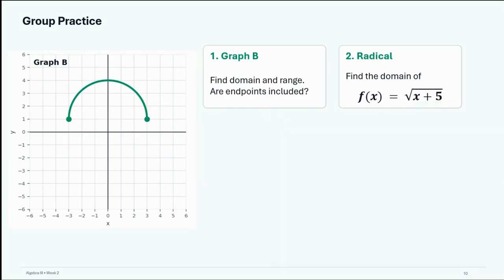So the smallest number it can be, right? It could be -5, right? Because -5 plus 5 is 0. We can include that and go to infinity. It can be anything bigger. -5 to infinity. Perfect. Good job.